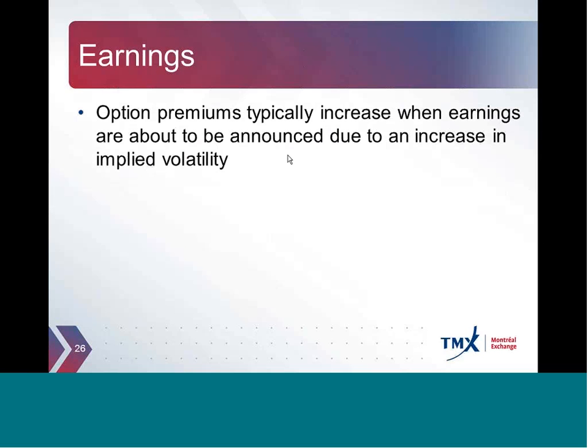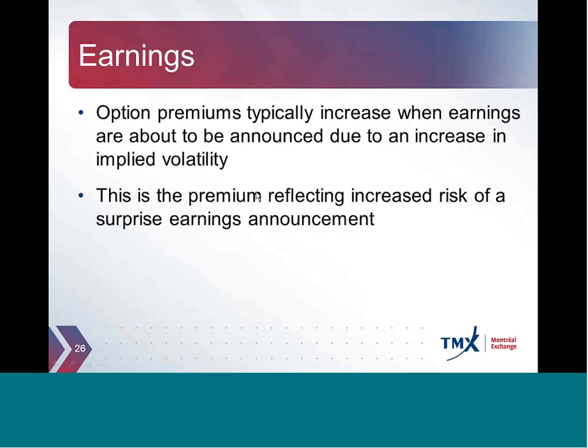What happens is, number one, demand for the options increases because you've got shareholders buying put options to hedge risk. You've got market makers buying and selling call options to hedge their risk because they're on the other side of the transactions. You've got all sorts of activity taking place within the option contracts, which ultimately inflates the value of the premium.